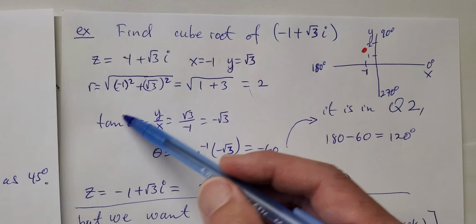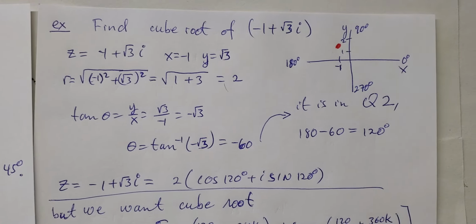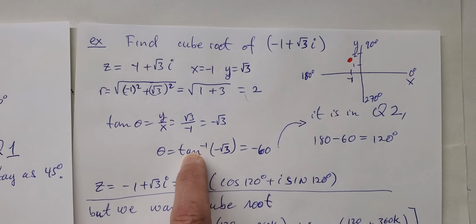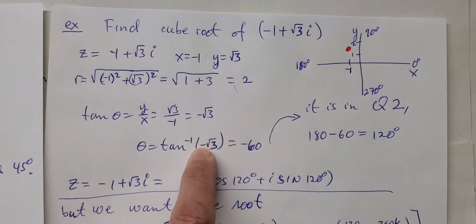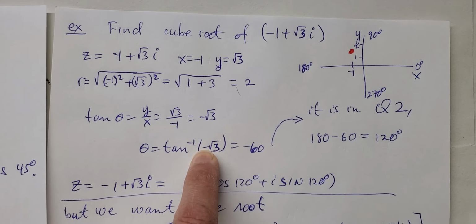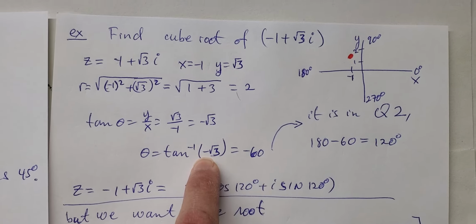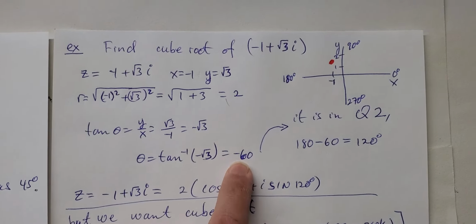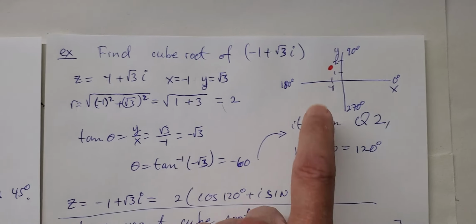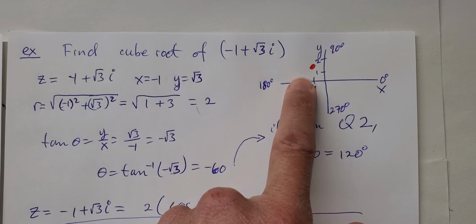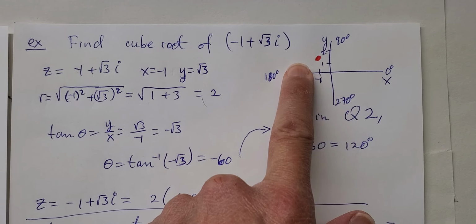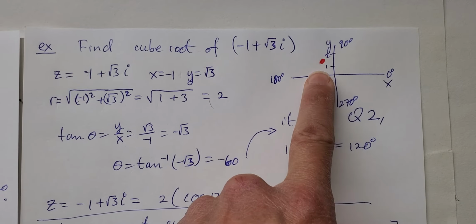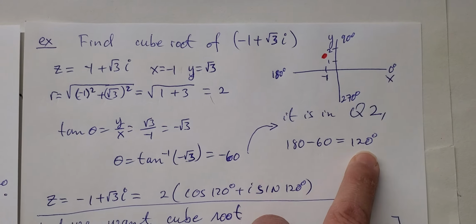Bring the tangent over to the right hand side, and then you will have tangent inverse of negative square root 3. We use that in the calculator and it came out to be negative 60 degrees. However, we are in the 2nd quadrant, so therefore 180 subtract 60, which gives me 120 degrees.